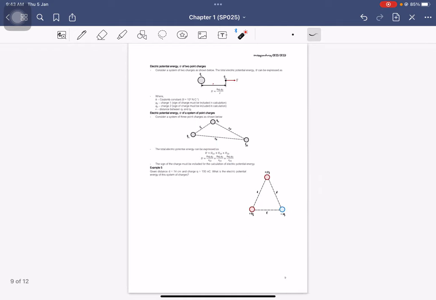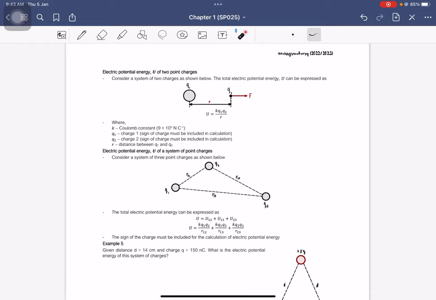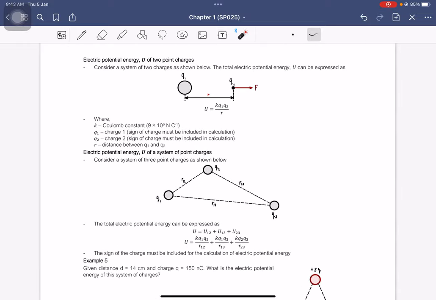Okay, next, the electric potential energy of 2-point charges. Just now was the change in potential energy. Now we look at the electric potential energy of 2-point charges. So now we have a system of 2 charges. The total electric potential energy can be expressed as the one shown here.